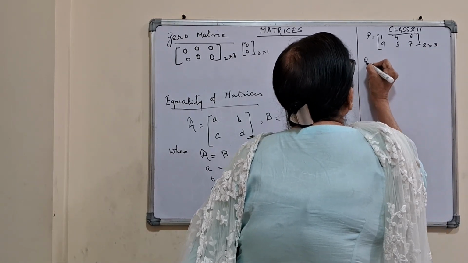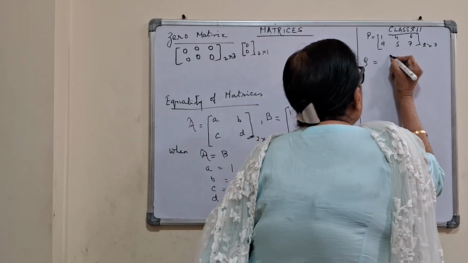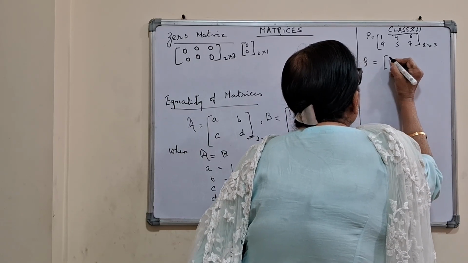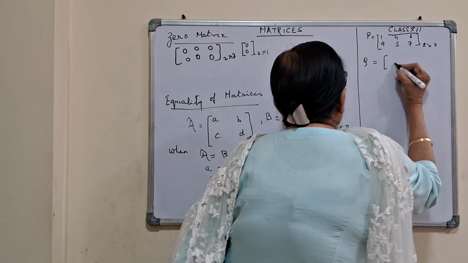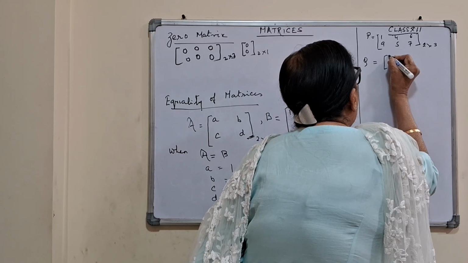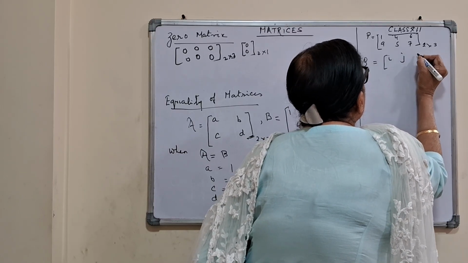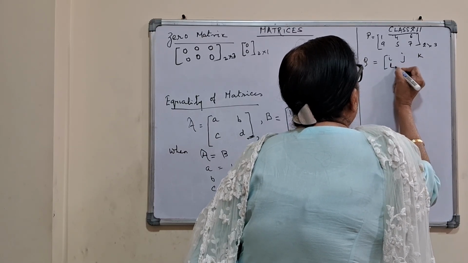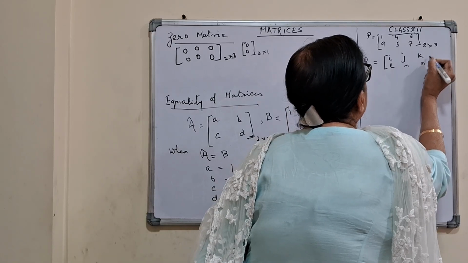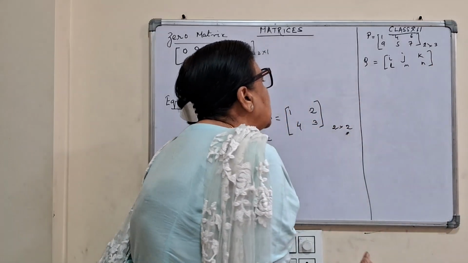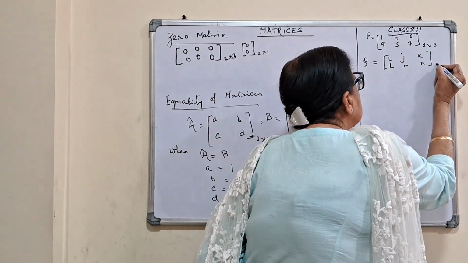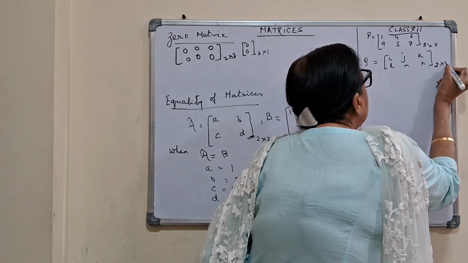And Q is another matrix, I, J, K, L, M, N. That means the two matrices are of equal order, 2 into 3.